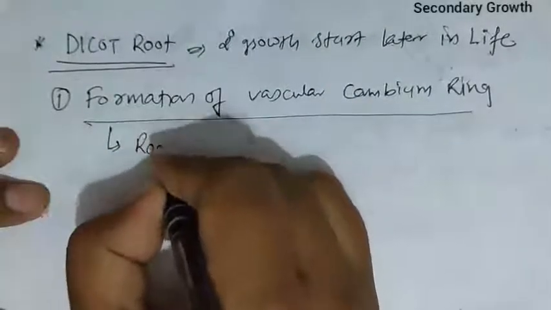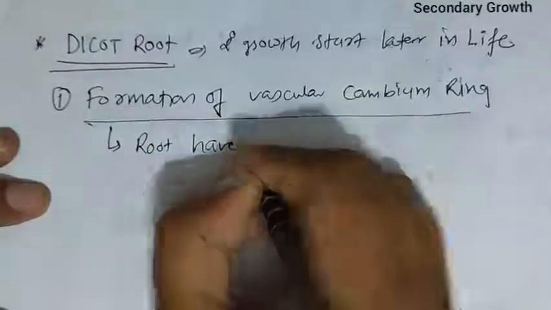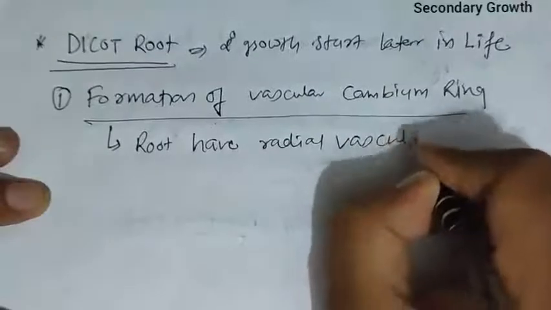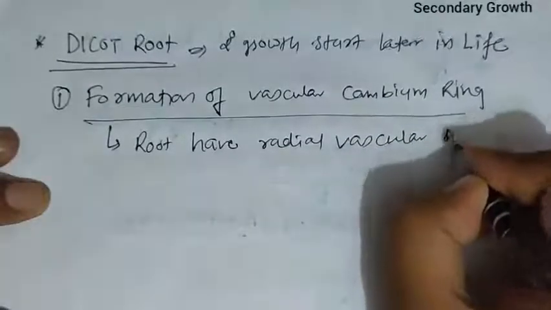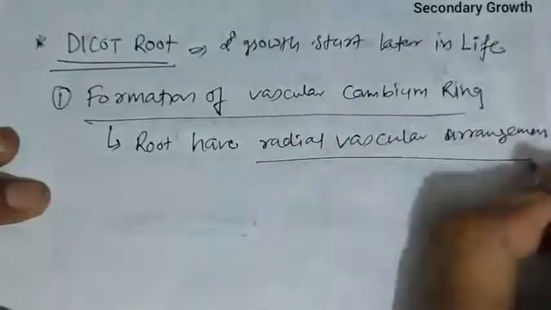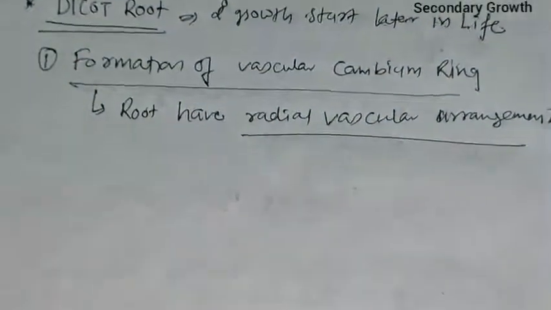Now in root they have radial vascular arrangement, and in that we have to form a vascular cambium ring.